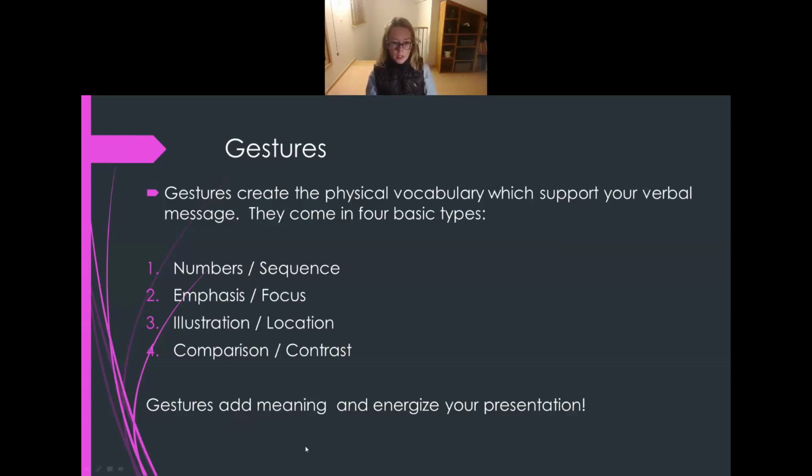And then number 4, you've got comparison and contrast gestures. For example, you compare one thing to another, or contrast, like that. Okay, so gestures add meaning and energize your presentation. So please use them.